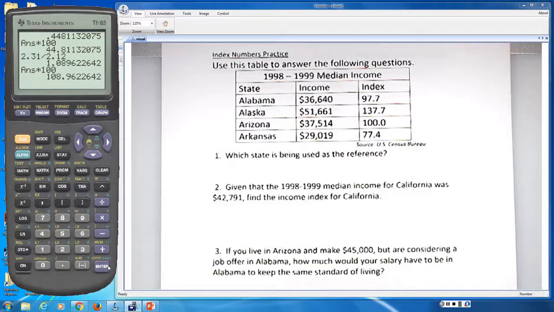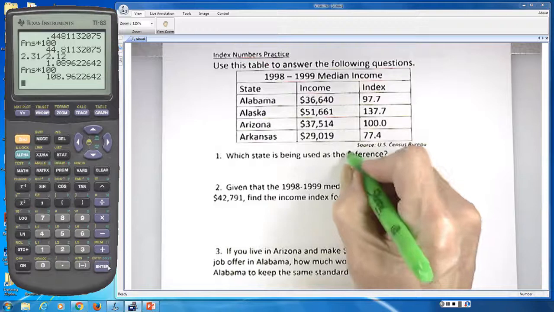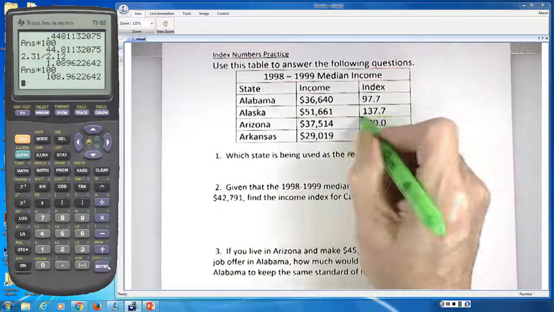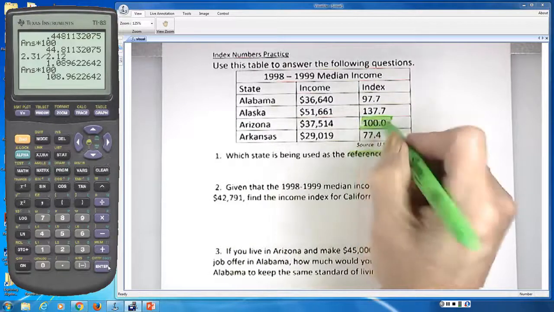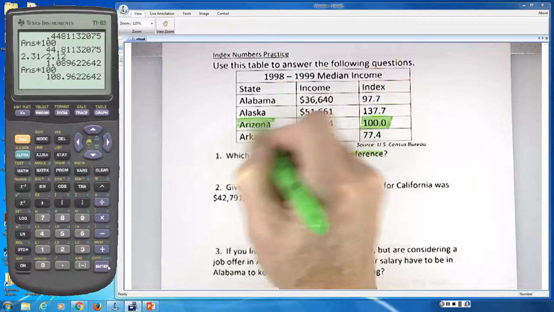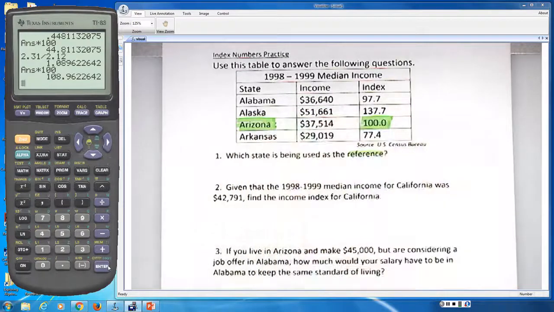So based on that table, which state is being used as the reference? How do you know? That's right. Since this is 100, that means Arizona is the reference.